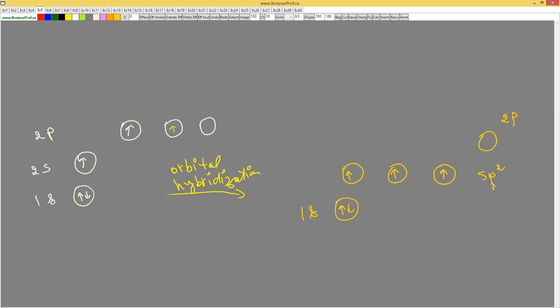Why do we call it sp2? sp2 because we mixed 1s plus 2 p's. That's what it is called, sp2. The one here is useless. And we have 2p. So boron, how many bondings can he do? 3. He can do 3.